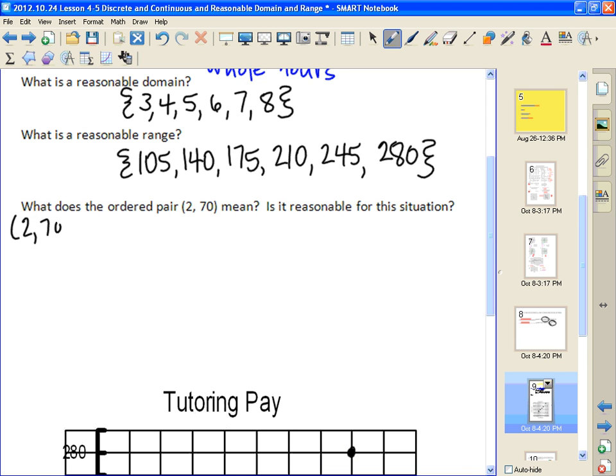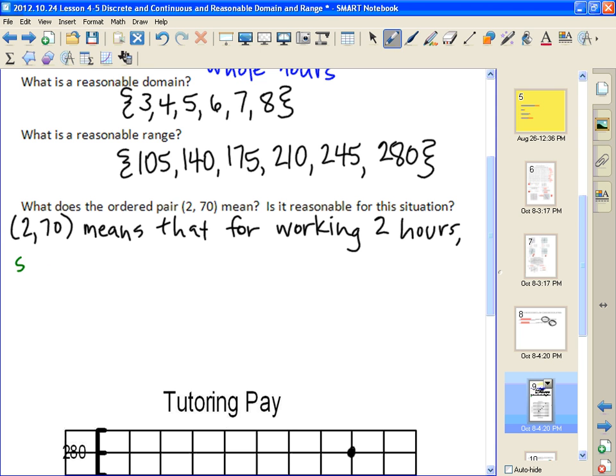So 2, 70 means that for working 2 hours, she will get paid $70. But we should be able to know that 2, 70 is not reasonable for the situation because she's going to work a minimum of 3 hours.